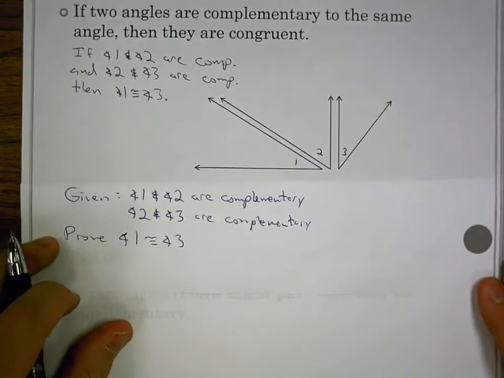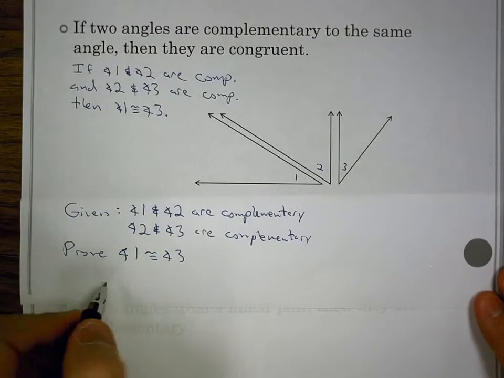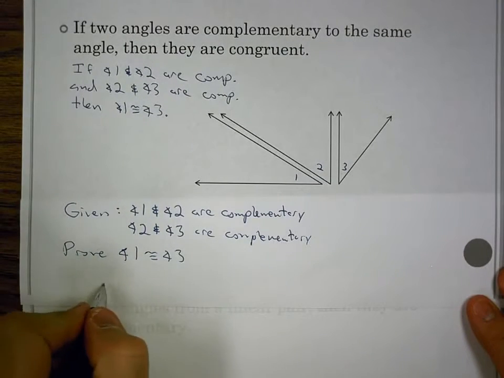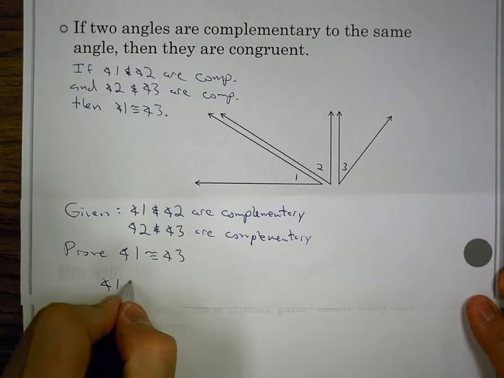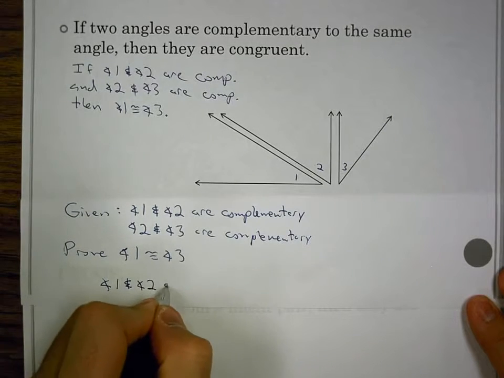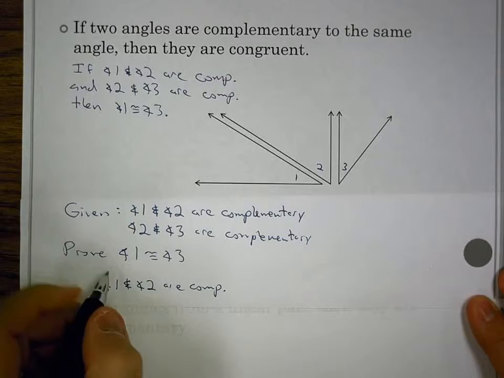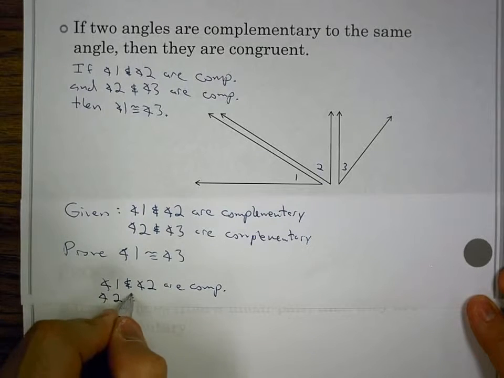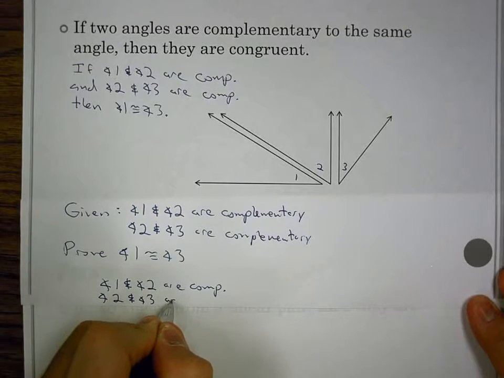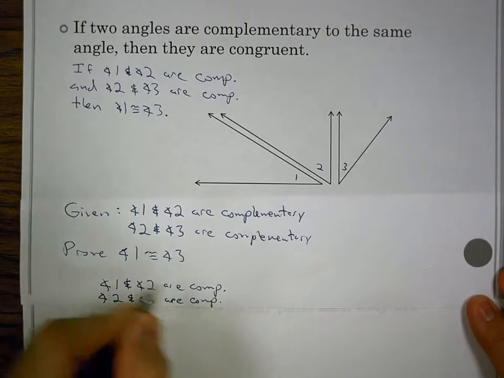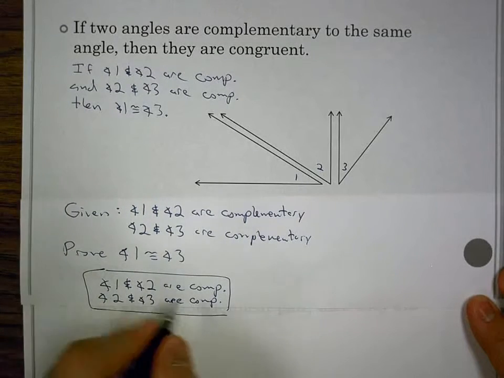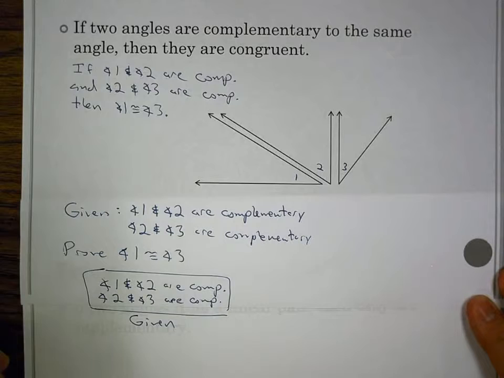So anytime we do a proof, the first thing we list is our given, and that's this right here, so we're just going to write it again. I realize we are writing it a lot, but angle 1 and angle 2 are complementary. We'll abbreviate this time. Angle 2 and angle 3 are complementary. That's given. And we want to get to angle 1 is congruent to angle 3.